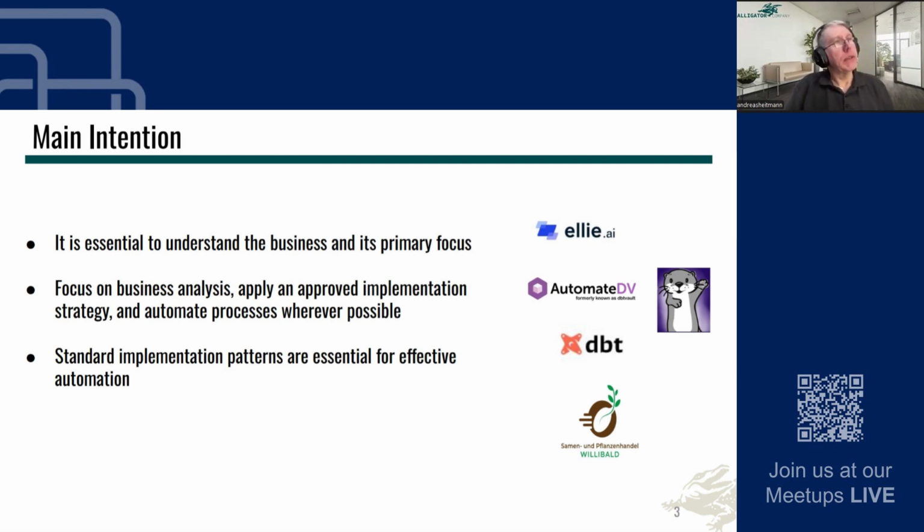And when we come to the automation, I chose AutomateDV, and here you can see Haley, the mascot of AutomateDV, because they provide good code snippets and templates to create and define the hubs, links, satellites, which you then use as a physical implementation.